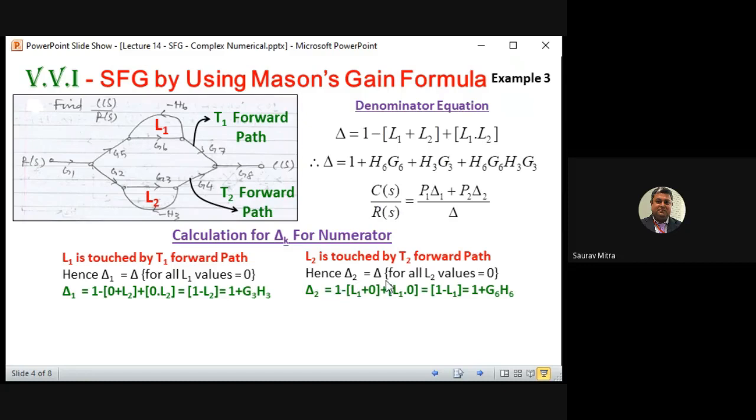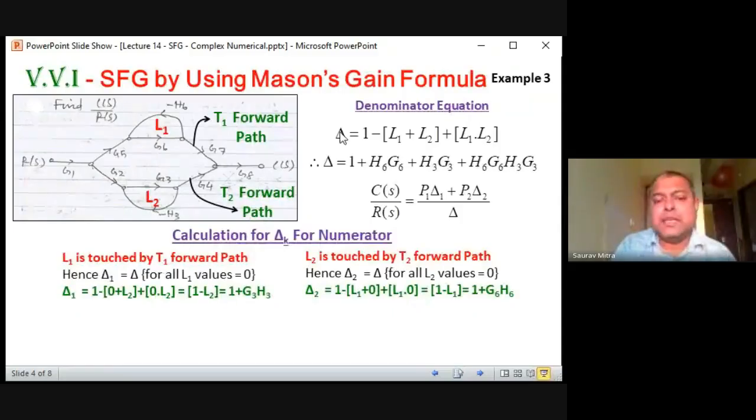Delta 2 is delta for all L2 values equal to 0. Why L2? Because this below forward path, T2 or P2, is actually touching L2. Whenever there is a touch, we have to substitute that loop value equal to 0.